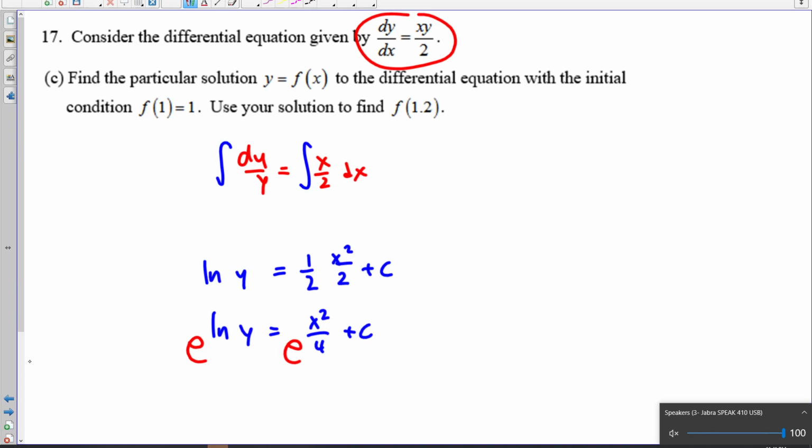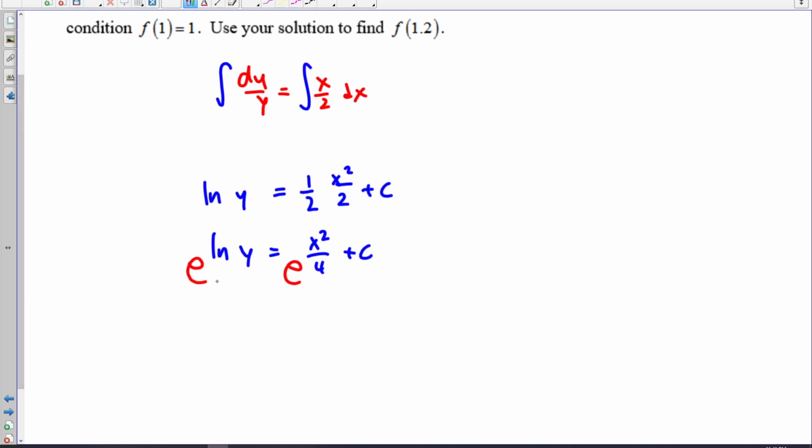Okay, so I'm going to exponentiate. When I exponentiate, I get y equals e to the, and I exponentiate this whole side, okay? So the x squared over 4 plus c must all go up in the air, okay? So that is what my y is equal to. The only thing is, this is really e to the x squared over 4 times e to the c.